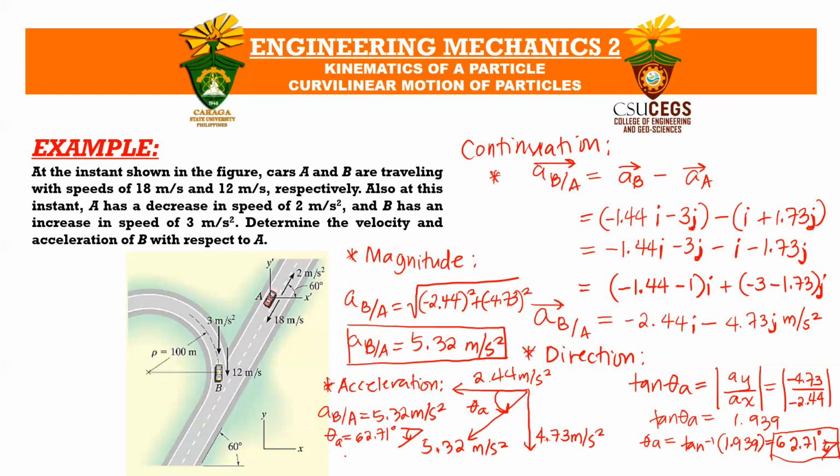Those are the magnitude and direction of the acceleration of B with respect to A, or B relative to A. So that is how you solve for the relative motion of two particles using translating axes.